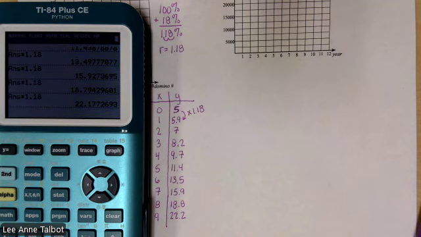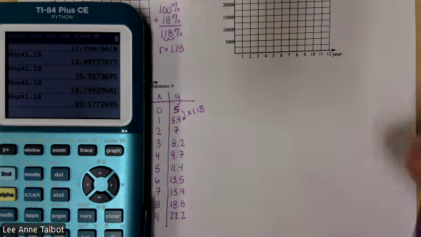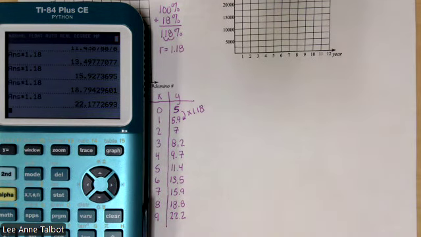Okay. So now what I want you guys to do is plot those points on the graph and don't connect them. They should just be dots.